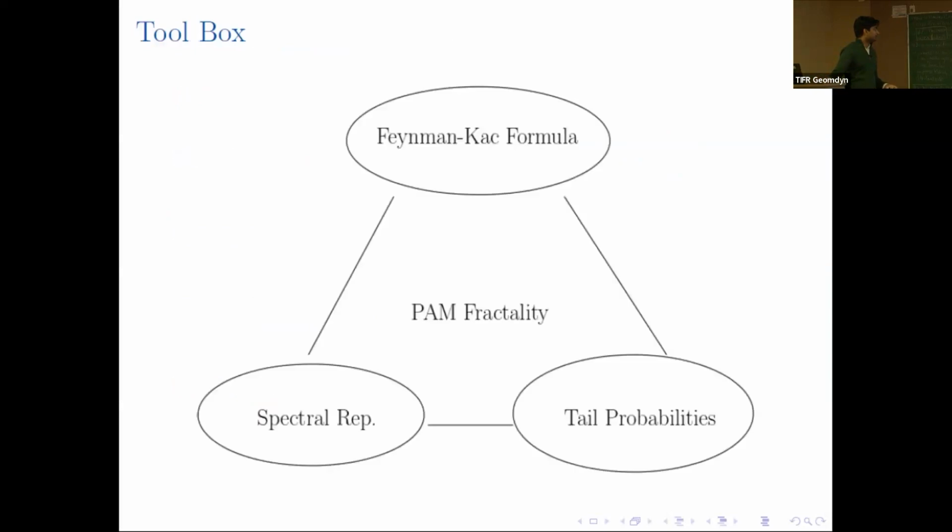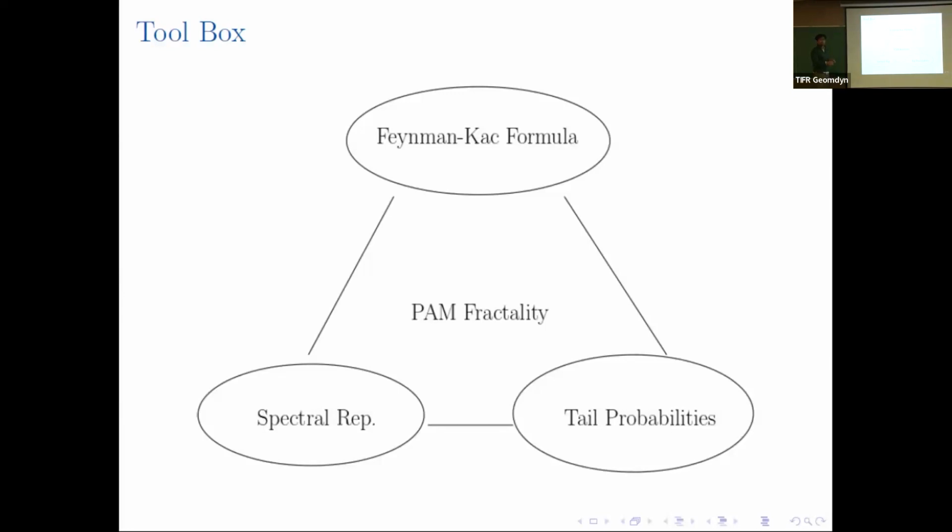Okay, so the proof ideas. What I would do is first present the main tools that we have used for proving this result. One of the main tools is the Feynman-Kac formula, and I'll tell you how it looks in this case and what the challenges associated with it were.